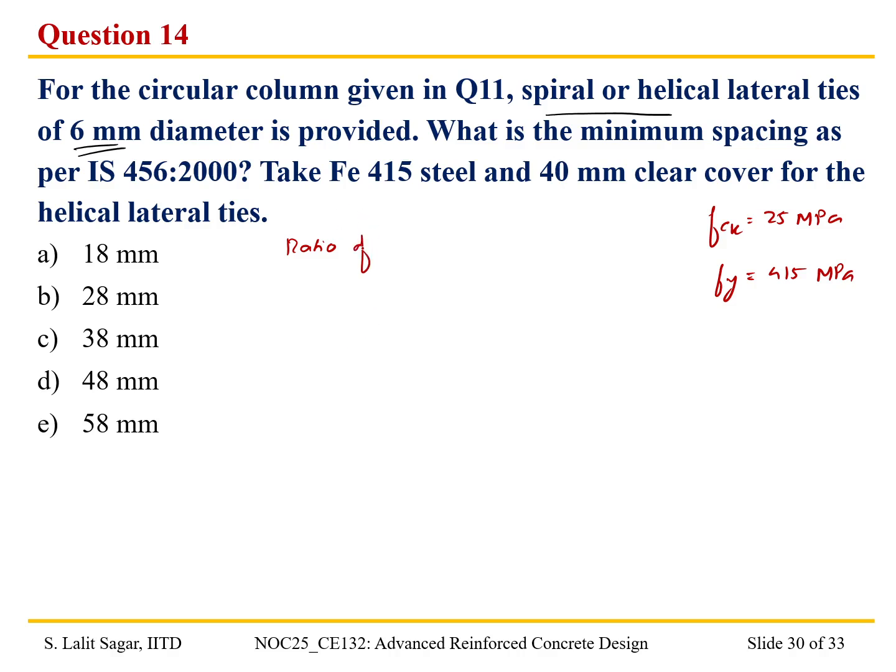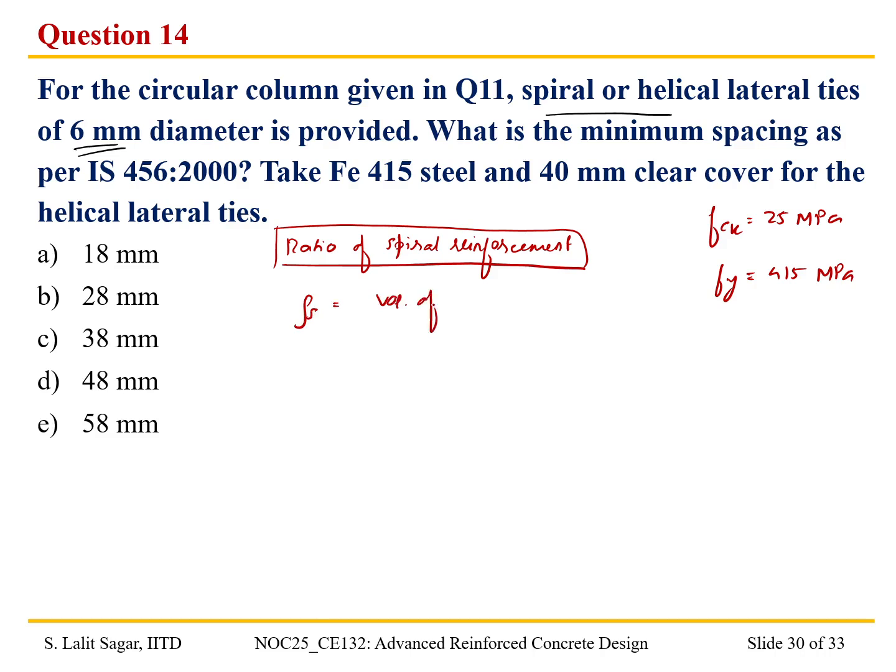Ratio of spiral reinforcement, that is rho S is equal to volume of spiral reinforcement divided by the volume of core per unit length of the column.